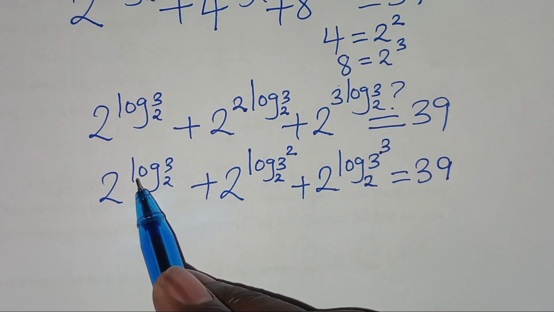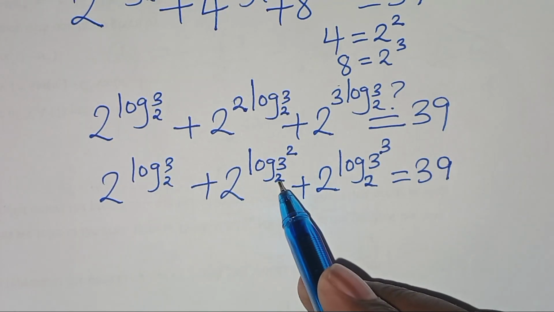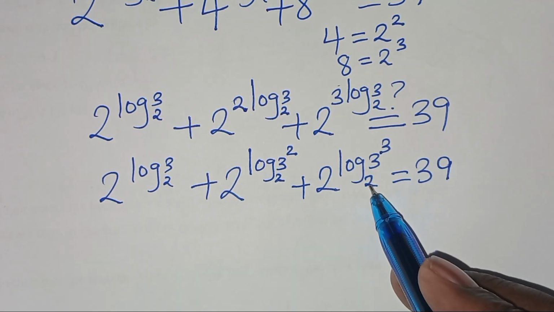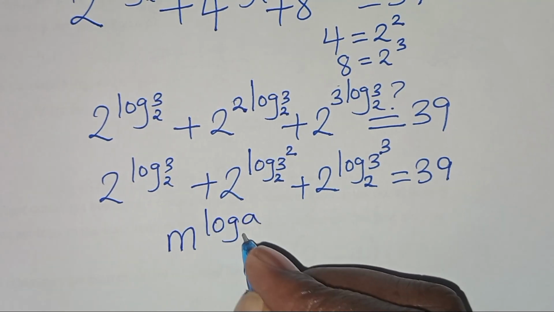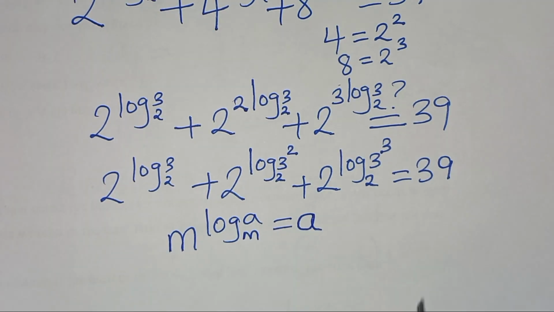So we have 2 to power log 3 to base 2, 2 to power log 3 squared to base 2, and 2 to power log 3 cubed to base 2. This is in the form of m to power log a to base m, which essentially will give us a value of a.